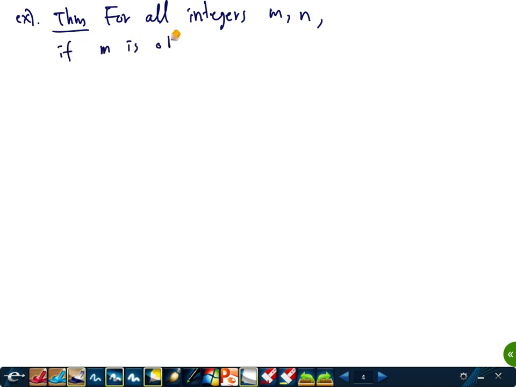All right, now let me give you an example of a theorem, which is very, very well known. All of you know. No one calls this a theorem for integers, but we are looking at examples of a theorem. For integers m and n, if m is odd and n is even, then m plus n is odd. So this is a theorem, meaning we can prove this using definitions and axioms or existing theorems.